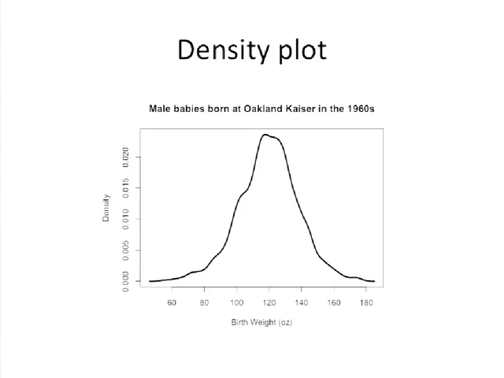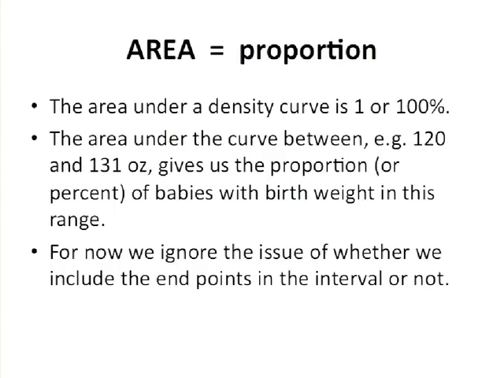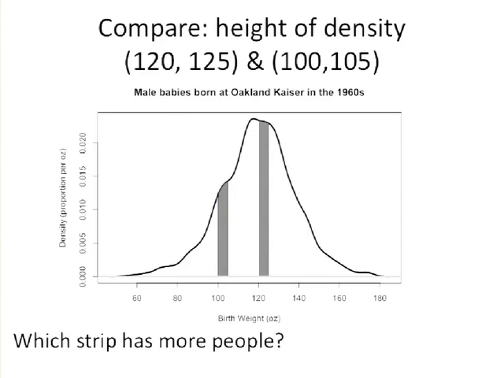That sort of says if we look at a particular little interval, such as 100 to 105 or 120 to 125, the height of that bar tells us kind of how many babies we've crammed into that little region. So the higher the density value, the more babies there are in that little interval.